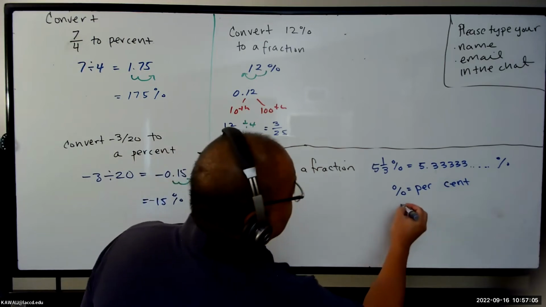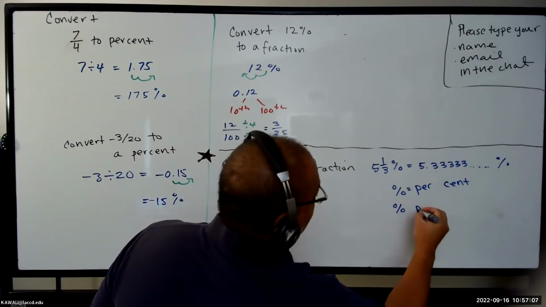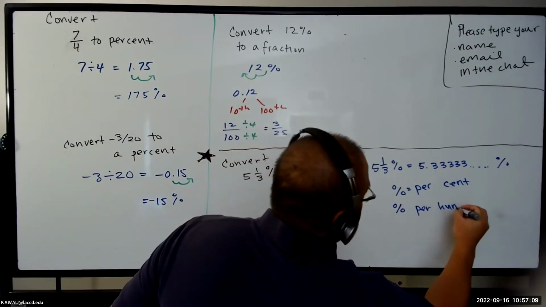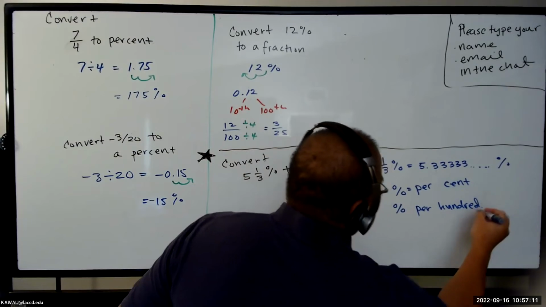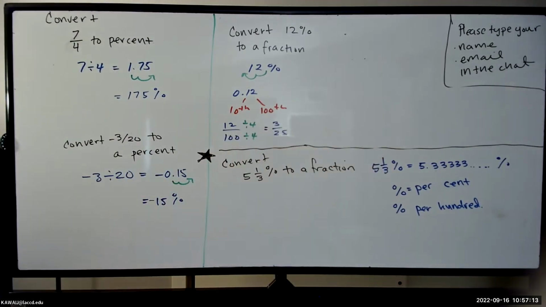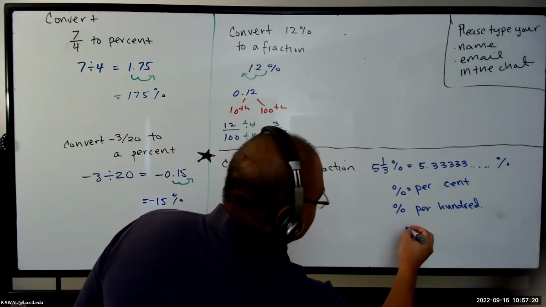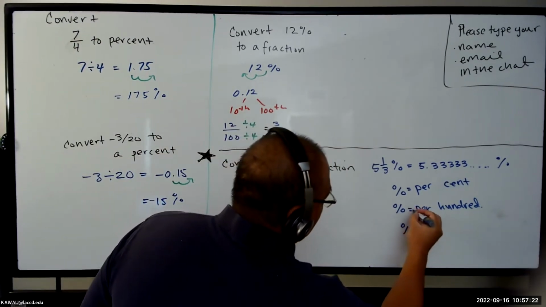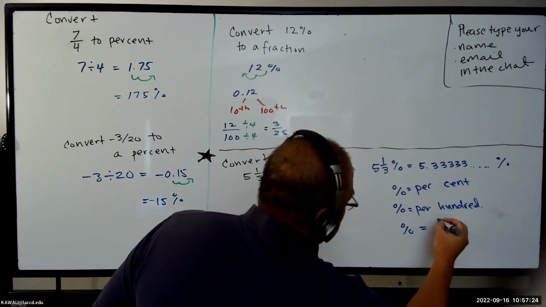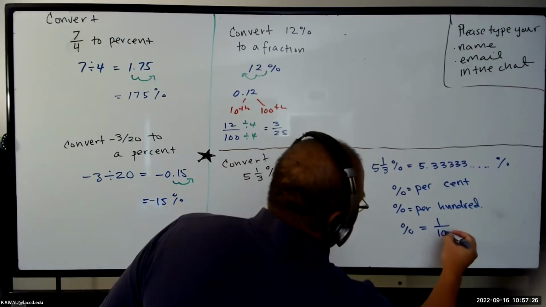So this is per 100. So another way of thinking of percent is that percent is equal to 1 divided by 100.